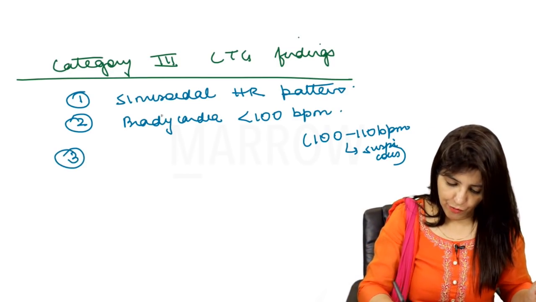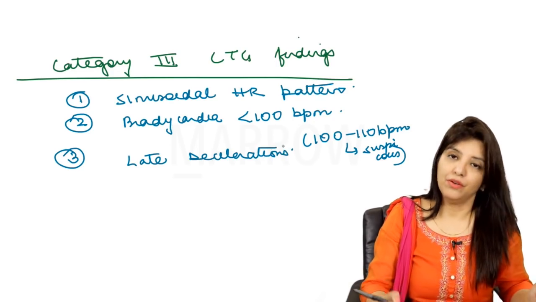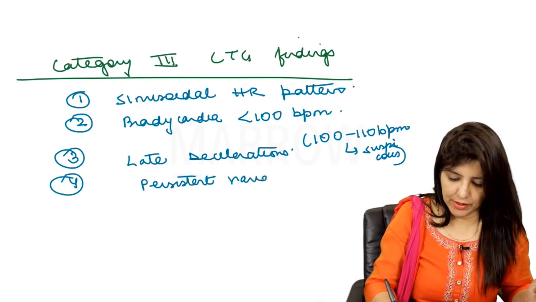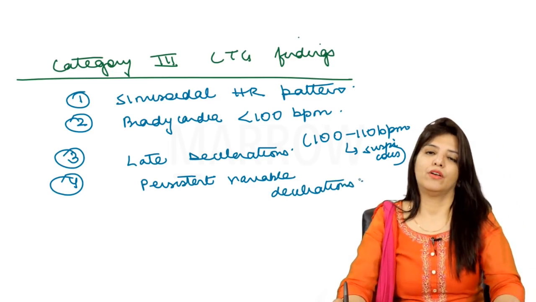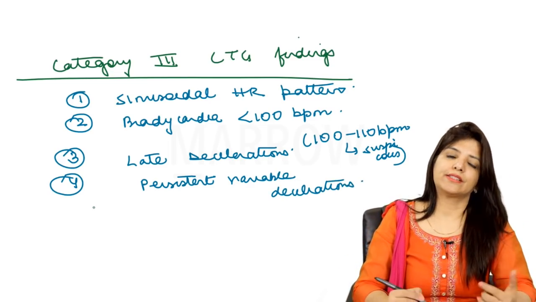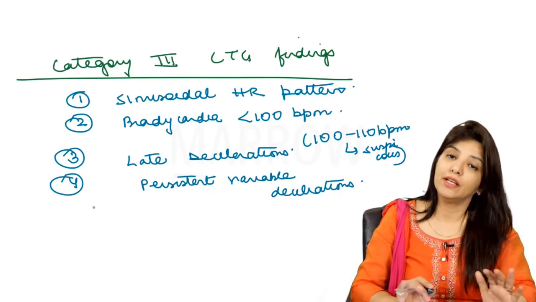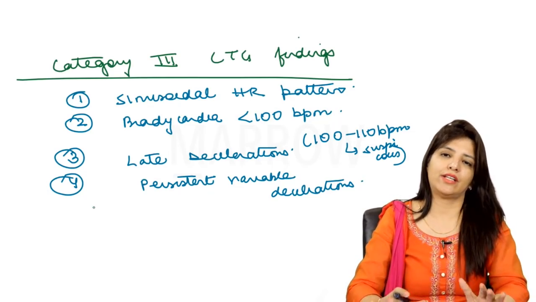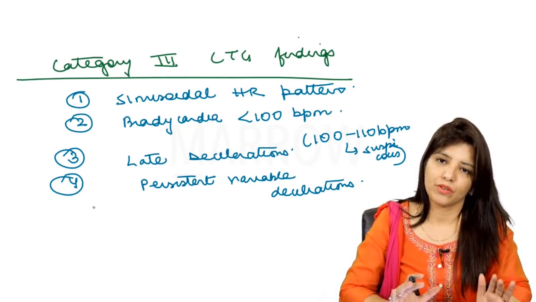Number 3, if you are getting late decelerations, right? Number 4, if you are getting persistent variable decelerations, right? So whenever you are getting sinusoidal heart rate pattern or bradycardia less than 100 beats per minute, late decelerations or persistent variable decelerations, that indicates that the findings are ominous and you should go for immediate delivery, right?